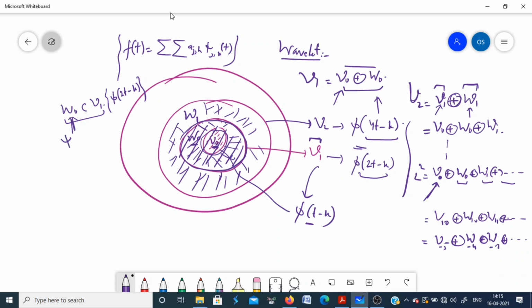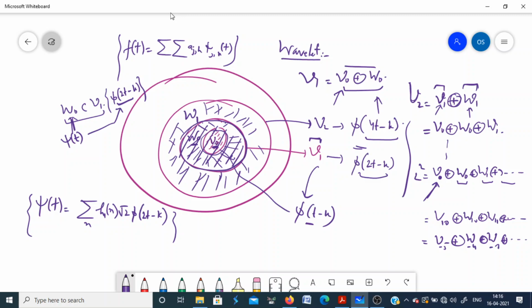So your wavelet function psi t should also be expressed in terms of phi of 2t minus k. This is another equation now. psi t is equal to summation over n of h1[n] root 2 phi of 2t minus n. This is again another refinement equation, for the wavelets.